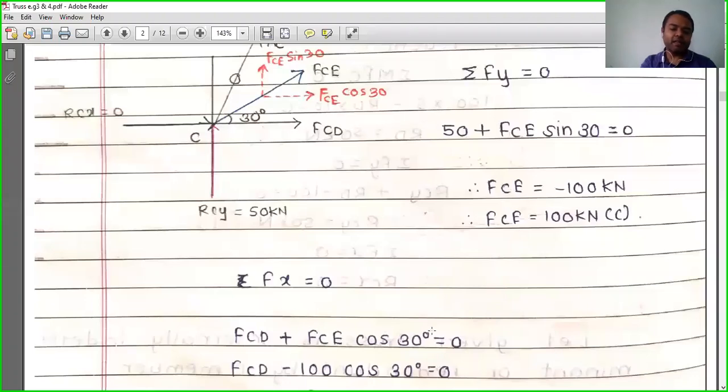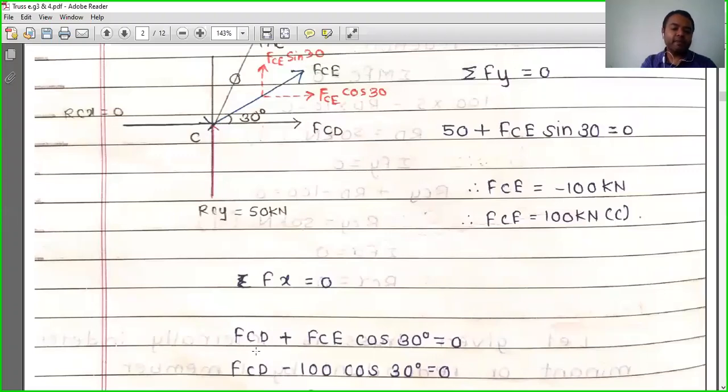Remember, here I have written FCE cos 30 as plus because, by this assumption in this diagram, this force is going towards the right. That's why I have written plus.